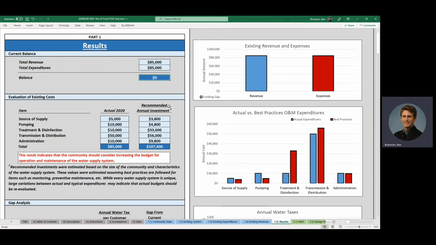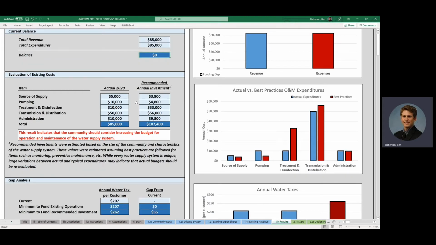It's a net zero balance. But in this case, we have a difference between the actual expenditures totaling 85,000 and the recommended annual investment, which totals 107,000. So this may be an indication that the community should consider increasing the budget for operation and maintenance and spending more.